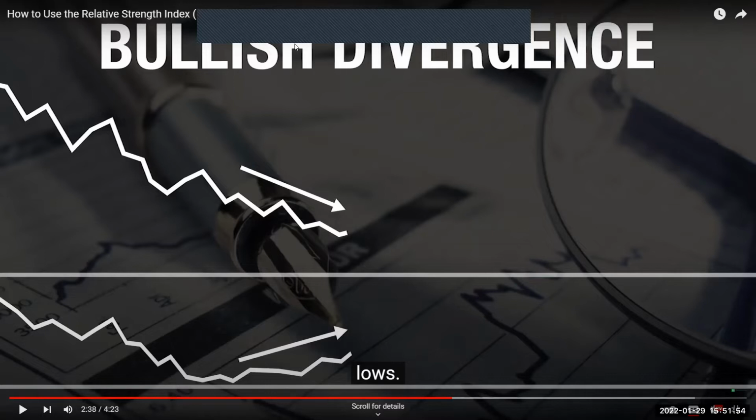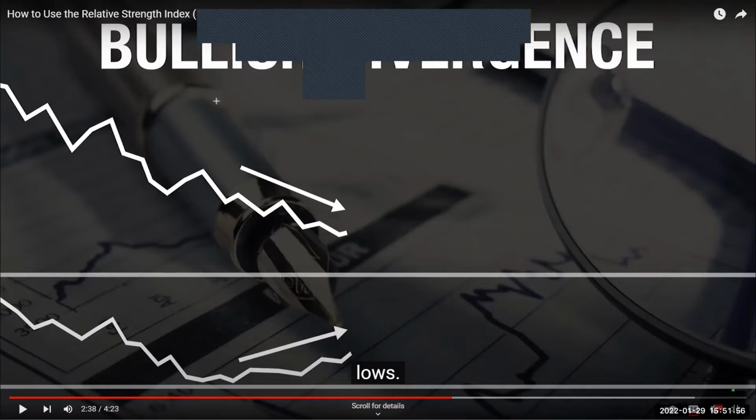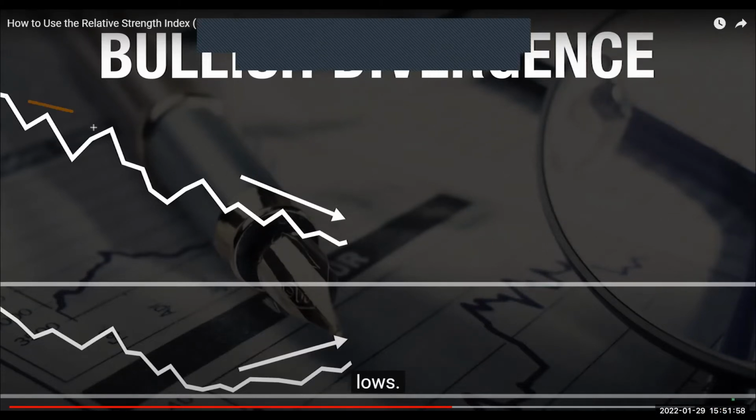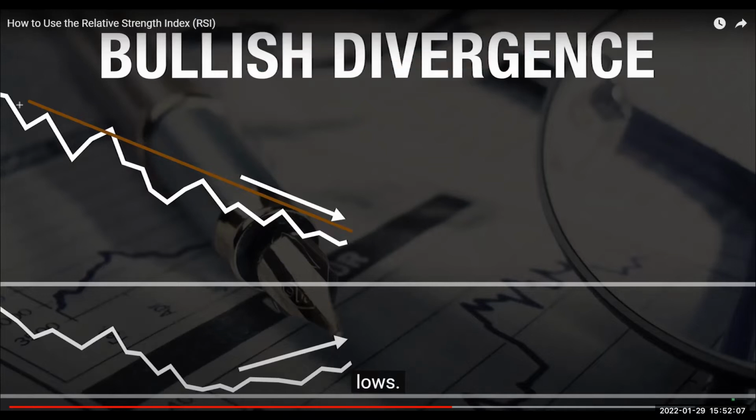I'm going to help you out, and we're going to draw a line and pretend that this is the stock price itself. So from here to here, we can see if we draw through this whole area, they're making lower highs, lower highs, lower highs. So you see the market direction is definitely going down.